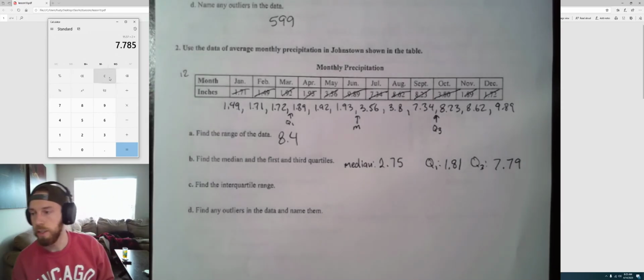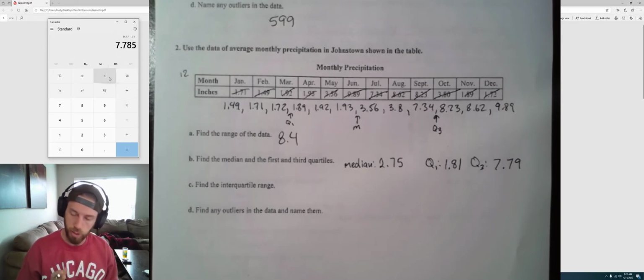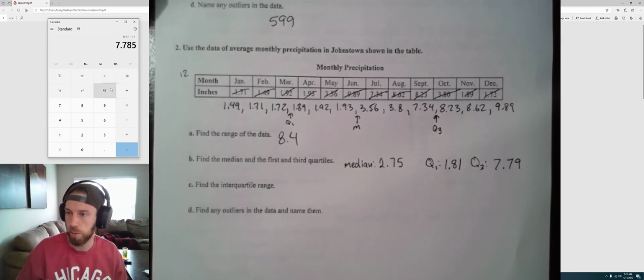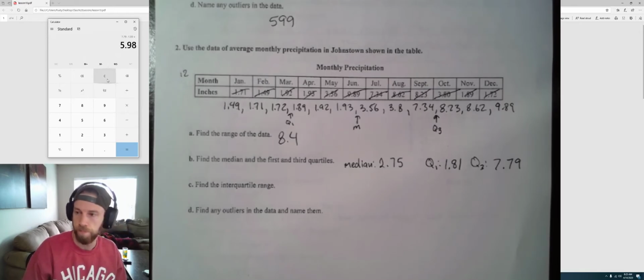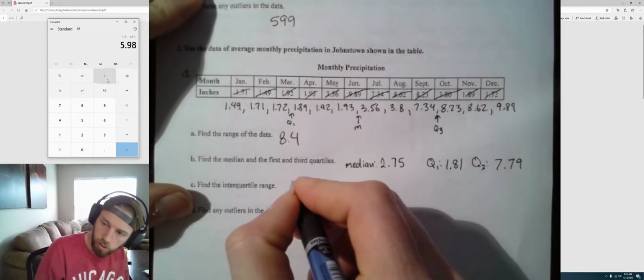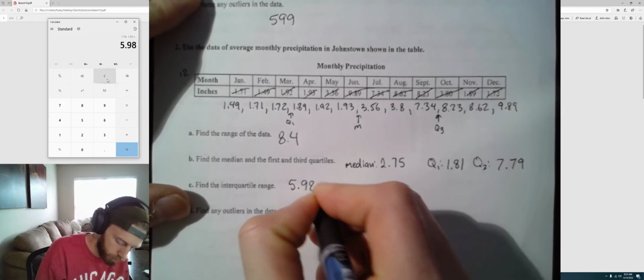The interquartile range, now that we've found those, is the distance between Q1 and Q3. So all I have to do is subtract them. 7.79 minus 1.81. Our interquartile range is going to be 5.98.